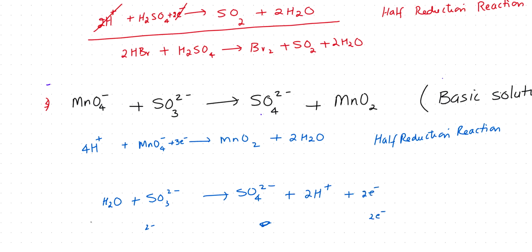So the equation is balanced. We add electrons to balance the charges. Now this equation is balanced. Now it is a loss of electrons, it is called the half oxidation reaction.